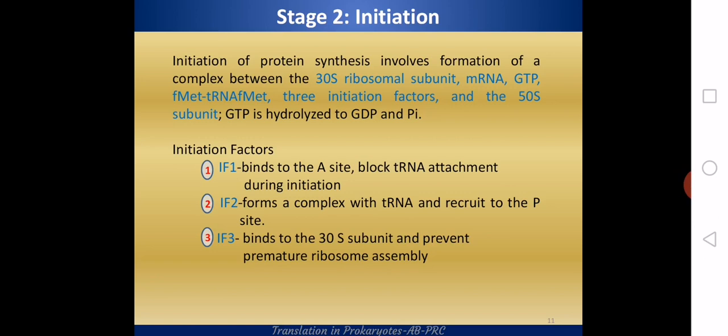And IF2 forms a complex with the tRNA, that means the fMet-tRNA fMet, and that will be recruited to the middle site called the P site, right? And IF3 usually will bind onto the 30S subunit and prevent a premature assembly of the 50S subunit. Okay.